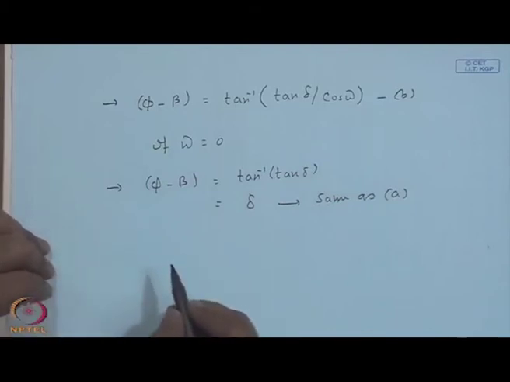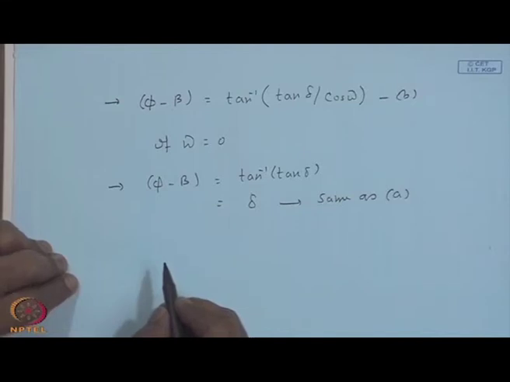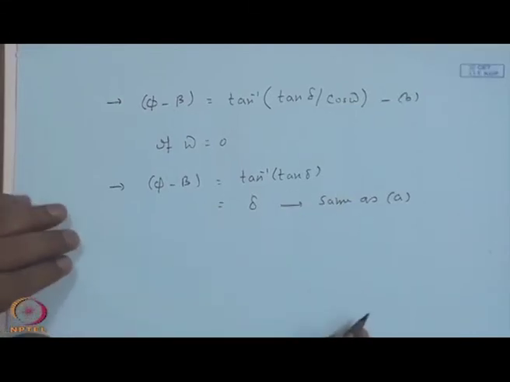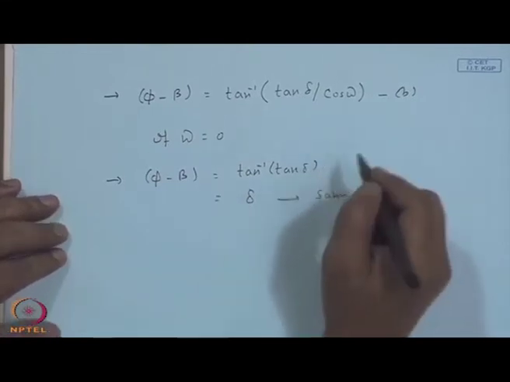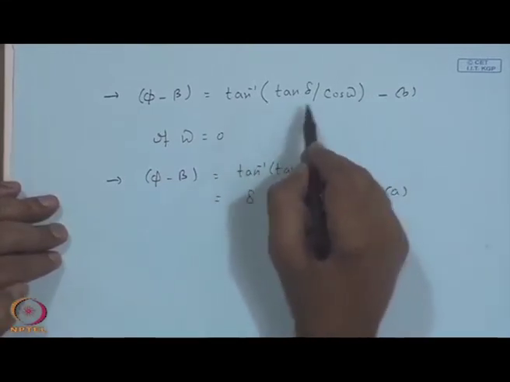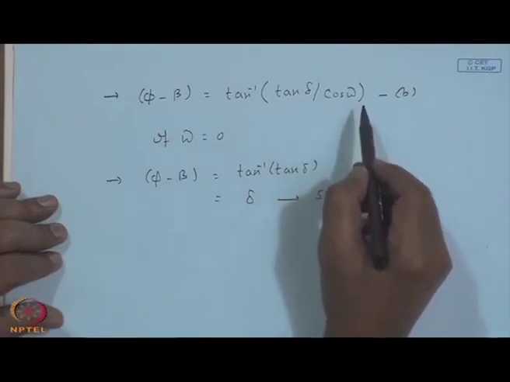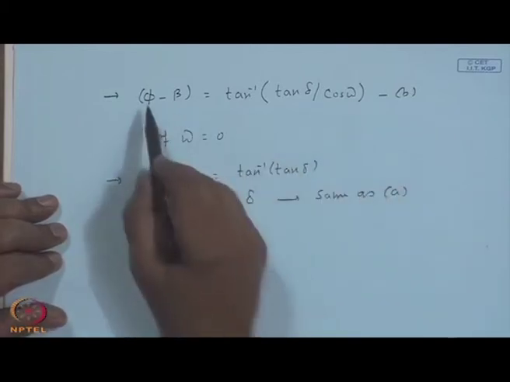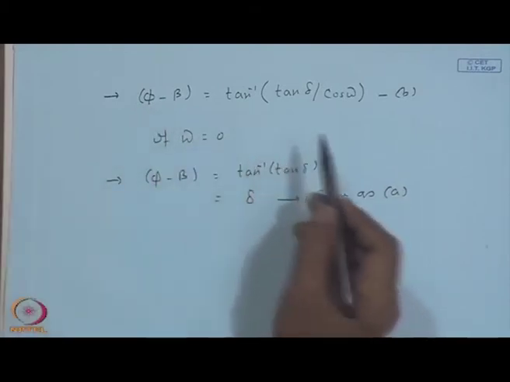So, tracking mode 1 condition that the angle of incidence is a minimum at solar noon needs to be satisfied, and it did if phi minus beta is tan inverse tan delta by cos omega at omega equal to 0, and at any other time I have to choose my phi minus beta according to tan inverse of tan delta upon cos omega.